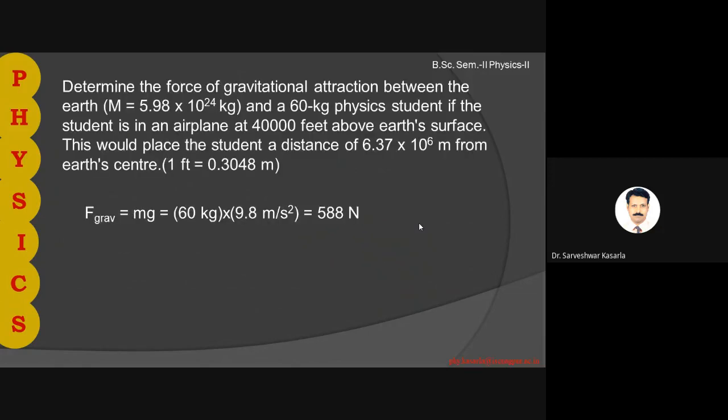So let us take one example. Say determine the force of gravitational attraction between Earth, whose mass is 5.98 into 10 to the power 24 kg, and a 60 kg physics student.